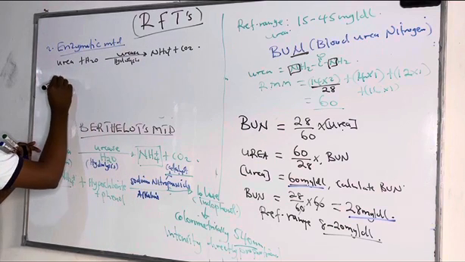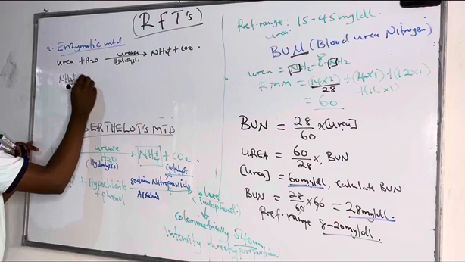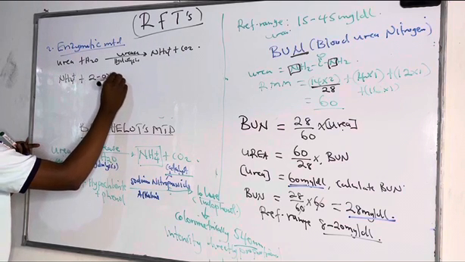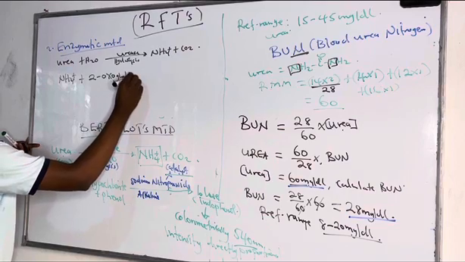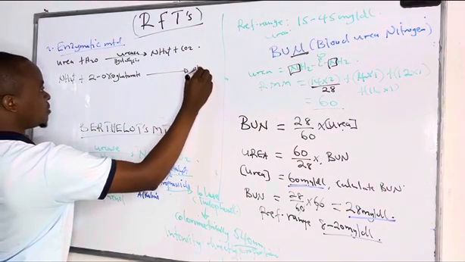Then the ammonium ions which are liberated react with 2-oxoglutarate, or alpha-ketoglutarate, to form glutamate.